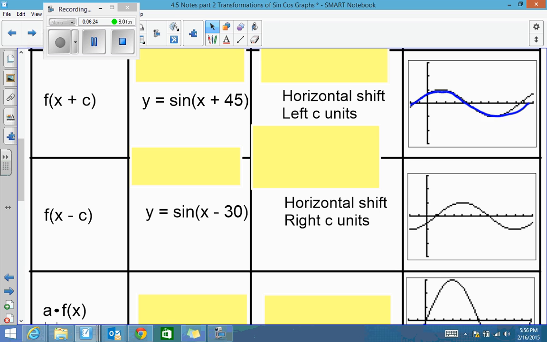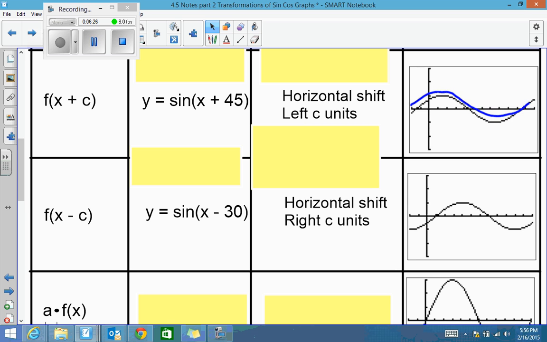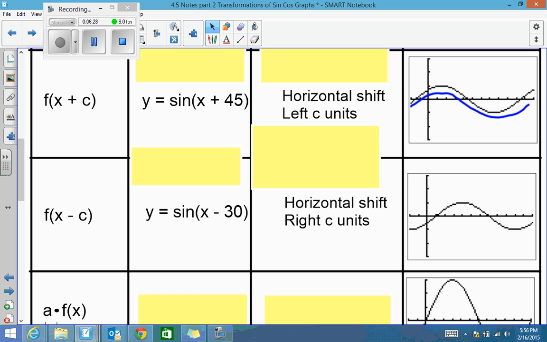So again, if we use this blue line as representing sine of x, then minus 30 degrees means the whole graph will shift over about 30 degrees. So it's no longer hitting the x-axis at the origin, it's shifting over. Sometimes the horizontal shifts are some of the hardest to identify.